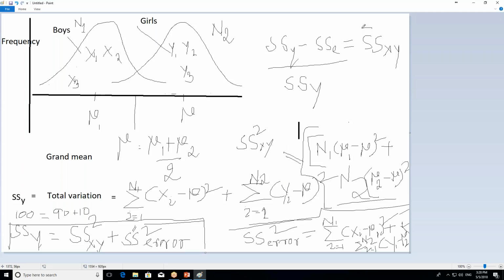So now tell me, what will be the range of value of SSX divided by SSY? What will be the range of this value?